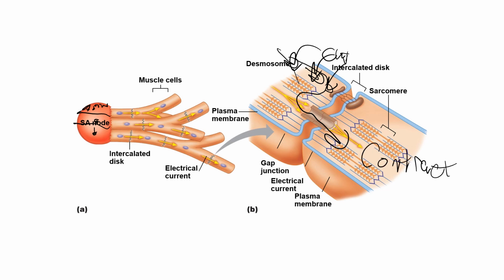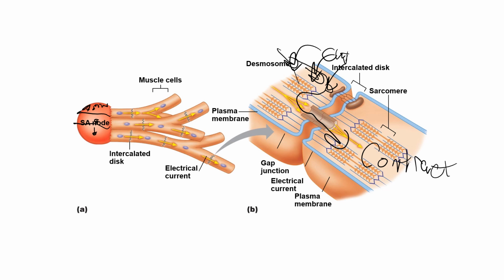Again, what is an action potential? An action potential is a wave of positivity that travels down a cell. Okay, a non-decremental wave of positive electricity that travels down a cell. So the SA node fiber generates an action potential, right? This wave of positivity that travels down the SA node fiber.